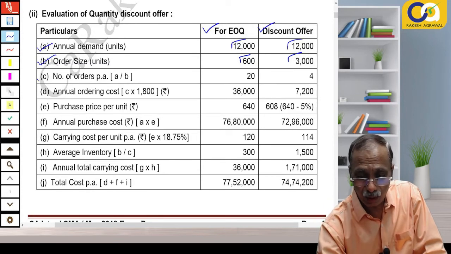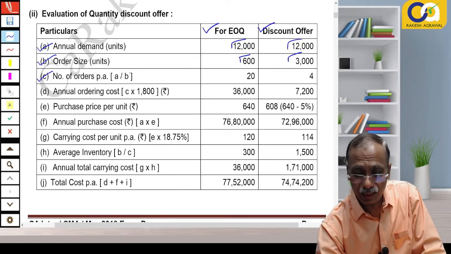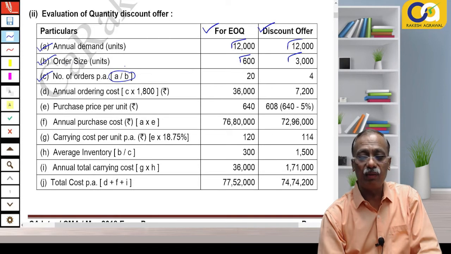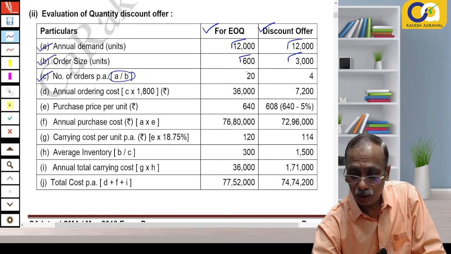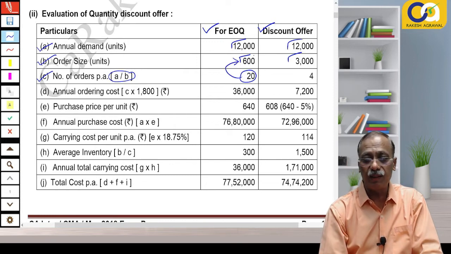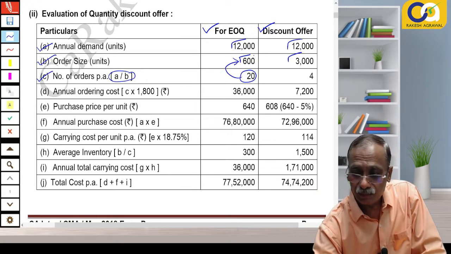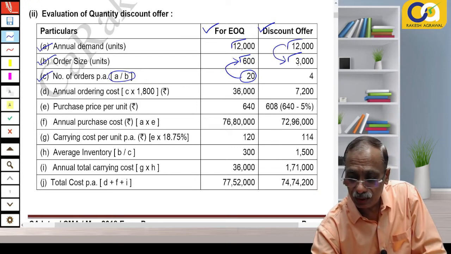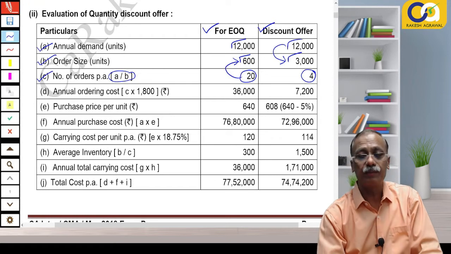Now we will get the number of orders. Number of orders is A divided by B, that is annual demand divided by order size. So here we will be placing 20 orders, each of 600 units, 12,000 divided by 600. Here 12,000 divided by 3000, you have to give only 4 orders.